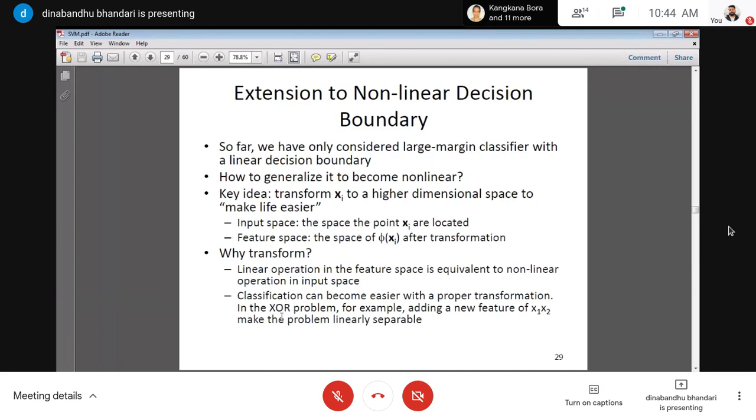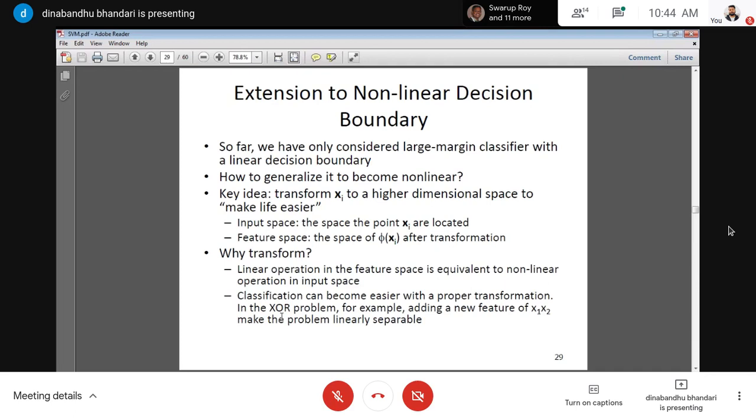Second thing is this particular transformation. As I said a number of times, there is a very concrete theorem, Cover's theorem. What it says is that it is always possible to transfer the data from a lower dimensional space to a higher dimensional space.